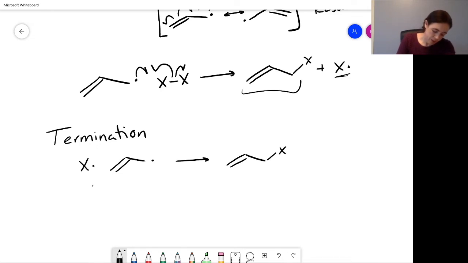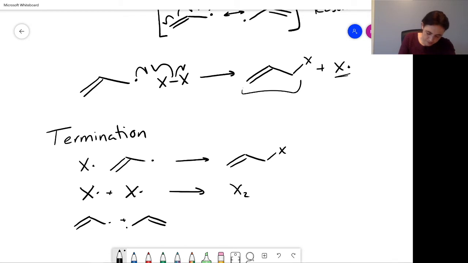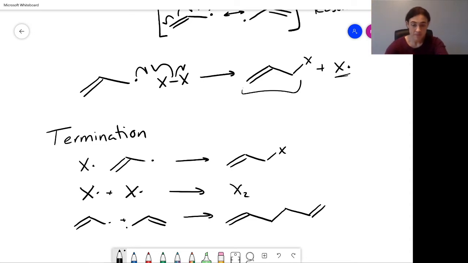You could have the radicals coming together to give you starting material, or in some cases you could have both of the allylic radicals coming together to form carbon-carbon bonds. All right, so there are the general steps in radical halogenation and how it works with an allylic system.